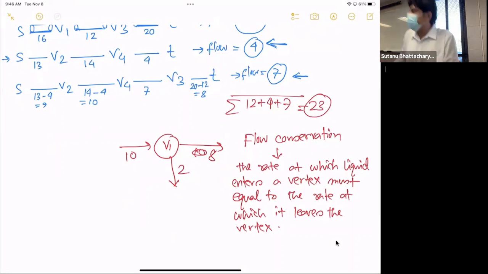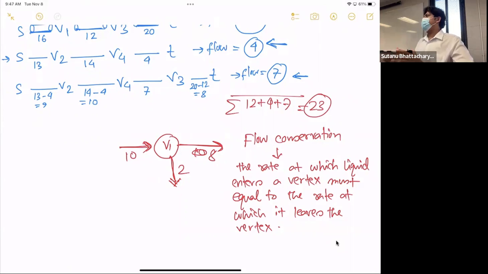So this flow conservation is that the amount of water inserted into this vertex V1 at a particular rate, the same vertex V1 will leave that same amount with the same rate.